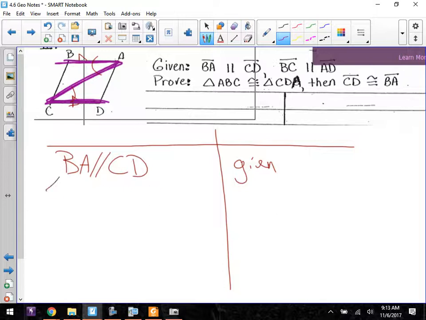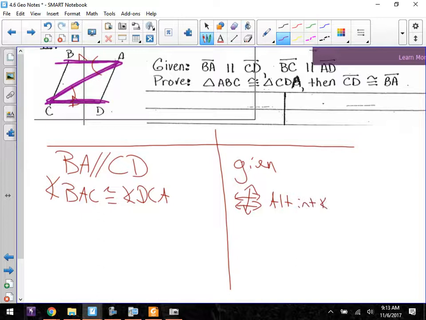So angle BAC is congruent to angle DCA. And you do that.